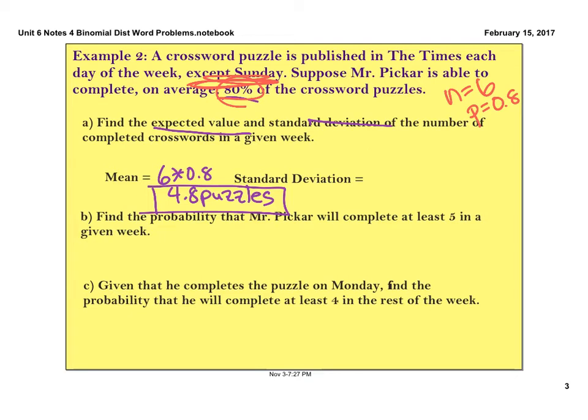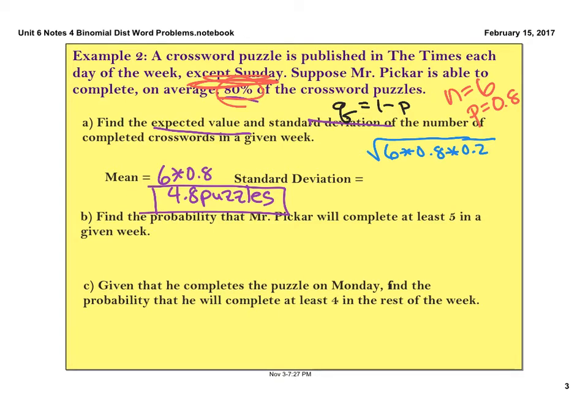Over in the standard deviation, I'm going to have 6 times the 0.8, which is my p, and then times the 0.2, which is going to be my q. And again, that q value comes from 1 minus p. So 1 minus 0.8 gives me the 0.2. All right, so I type those 3 things in. 6 times, this one I am going to use my calculator for, times 0.8 times 0.2.